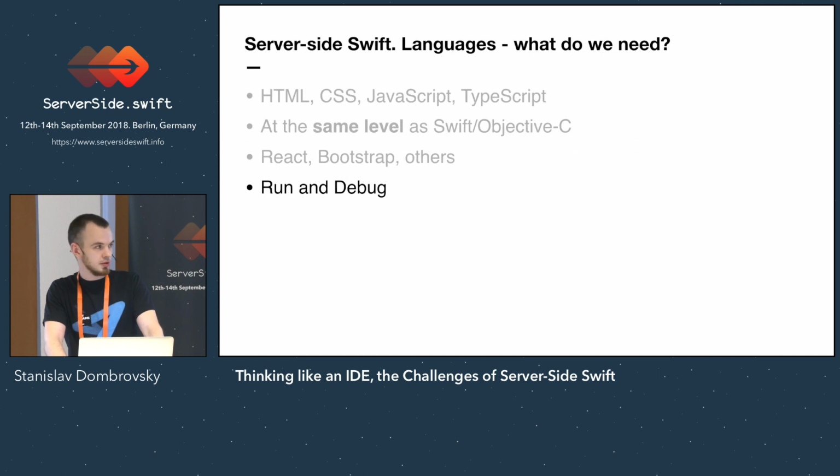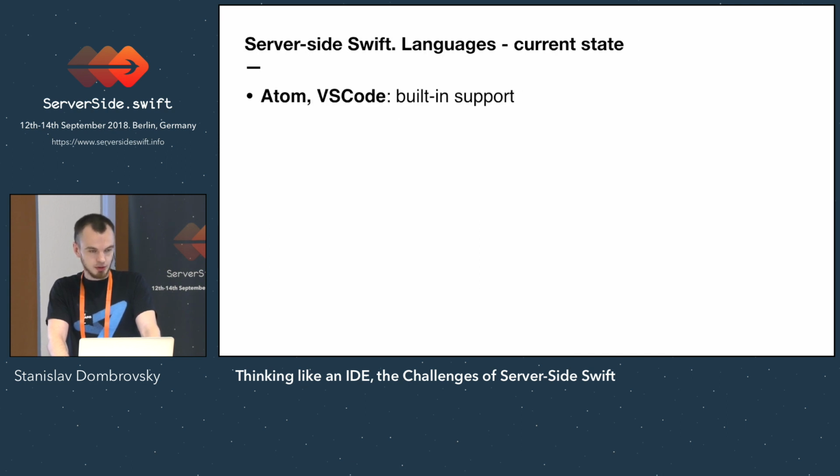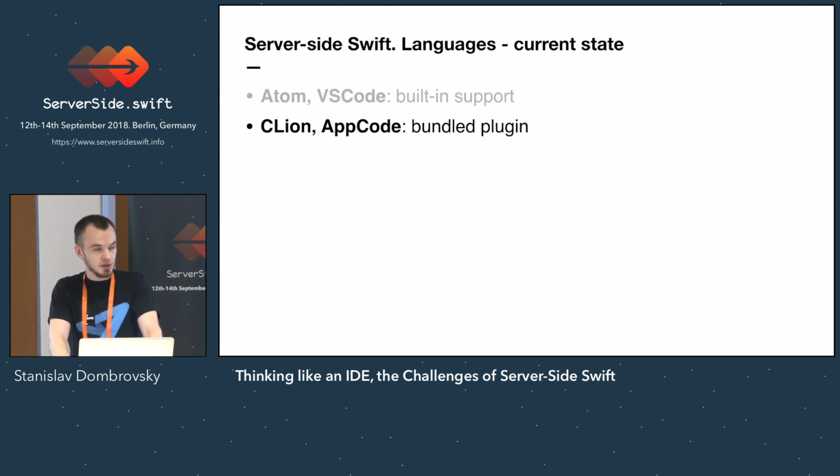And in terms of supporting such languages, from what I see, everything is pretty good because we have built-in support in Atom and VS Code, also many different plugins for some specific linters and other functionality. In CLion and AppCode, we have a bundled part of the functionality. The history is interesting.